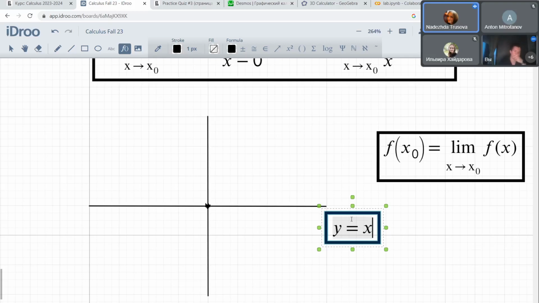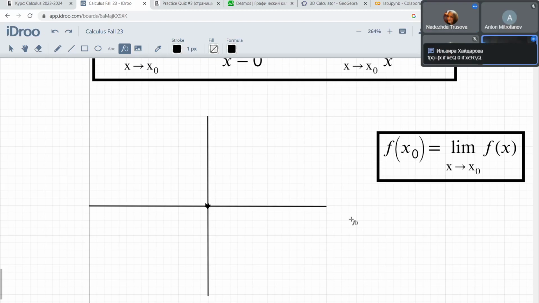I think it should be like this, like two parts. Yes, it's a good idea to use one formula for some type of x points, and another formula for the others.